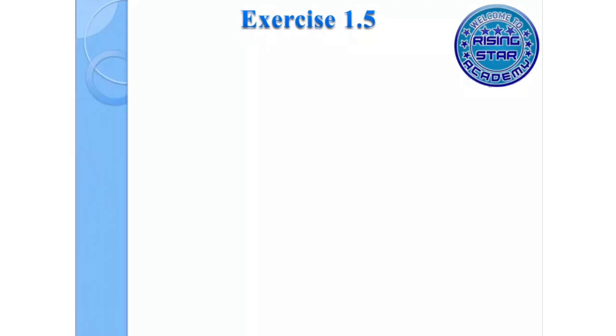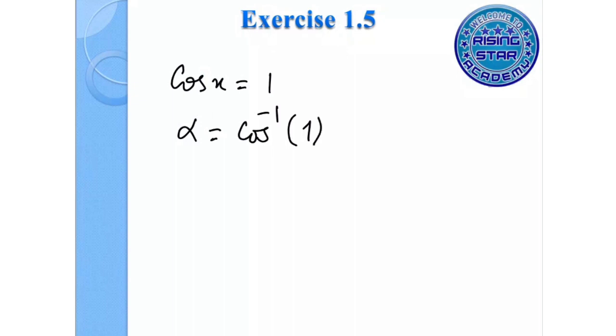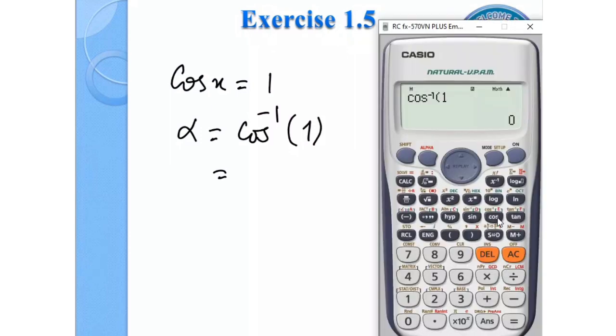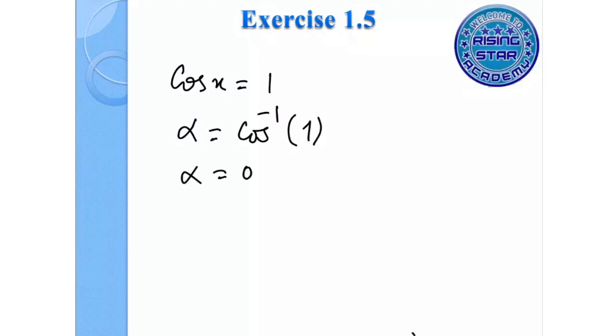Now we will do the second half. For the second half we have cos x is equal to 1. So alpha would be equal to cos inverse of 1. When we take the cos inverse of 1, that would become 0. But we know that cos has two possible results, so I wrote alpha is equal to 0.